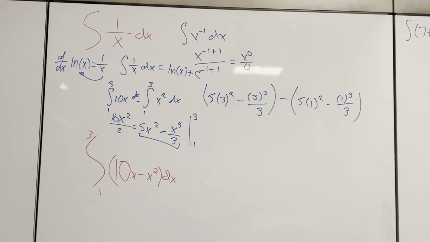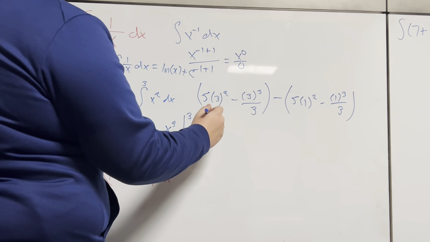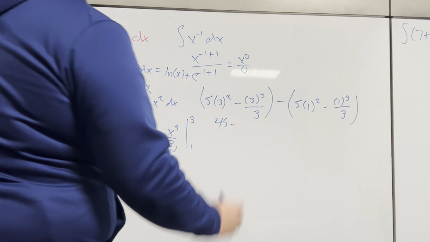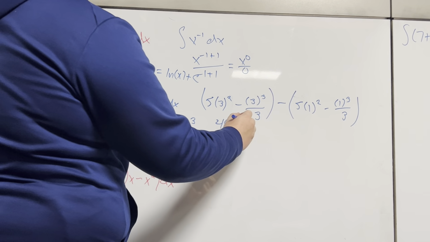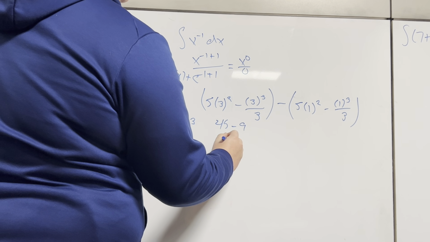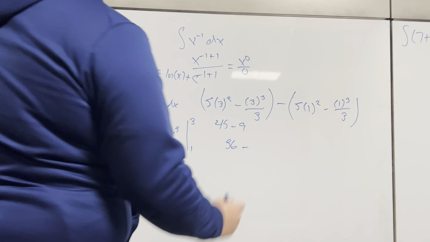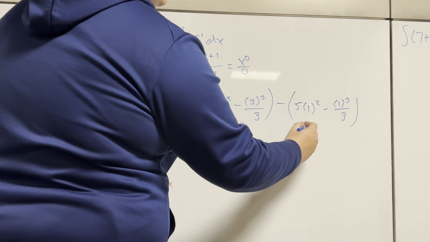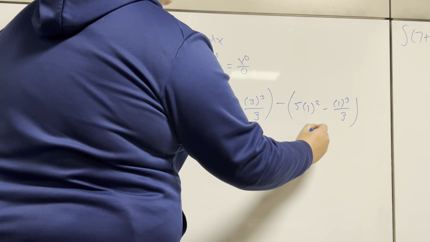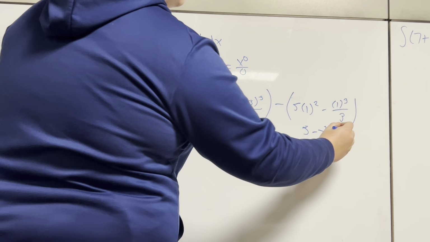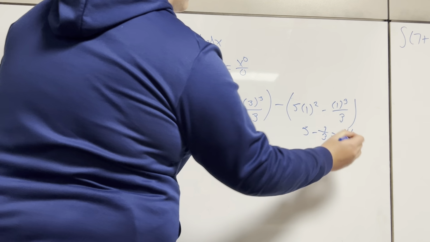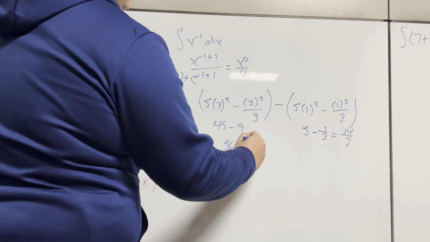Now we can evaluate this. So this is 5 times 9, which is 45, minus 3 cubed over 3 is going to be 27 over 3, which is 9. So this right here is equal to 36, minus, right here we have 5 times 1 squared is 5, minus 1/3, which is really just equal to 14 over 3. So now we have 36 minus 14 over 3.